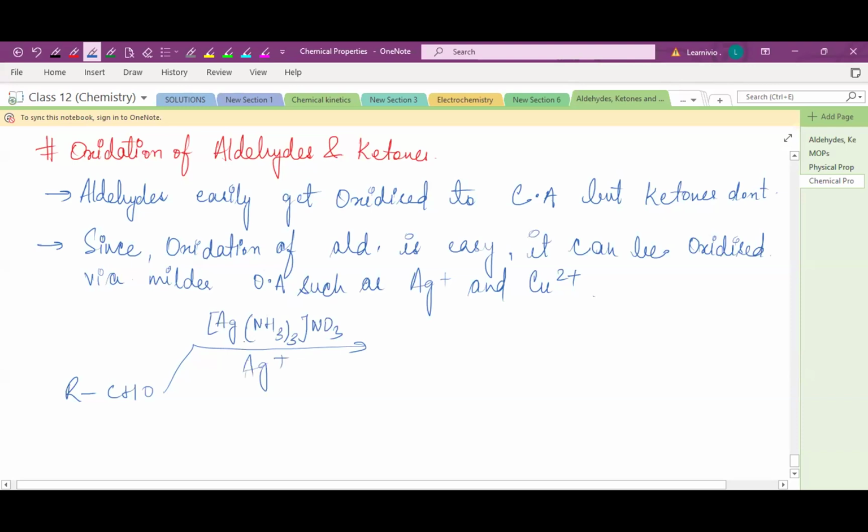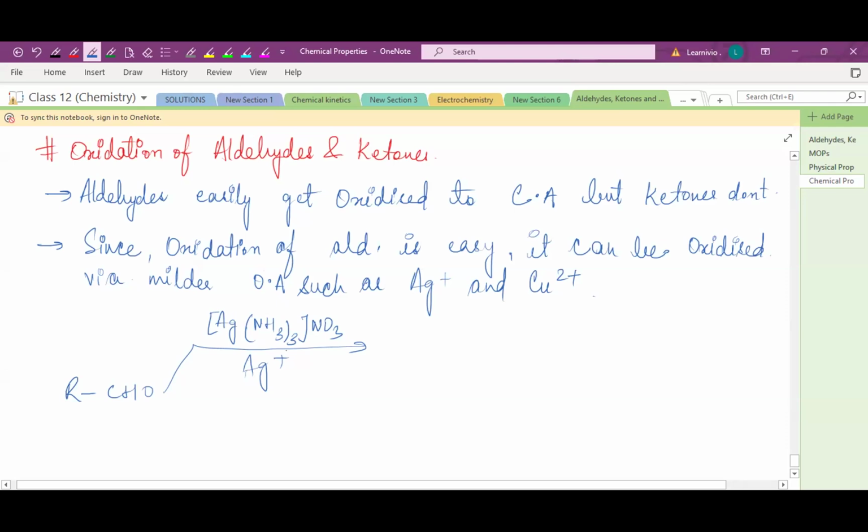You know very well what is oxidation and oxidizing agent. Here you are using the oxidizing agent. An oxidizing agent is one that oxidizes others, but itself gets reduced, right? So Ag plus itself will get reduced to Ag.